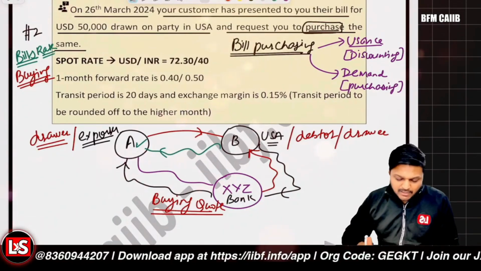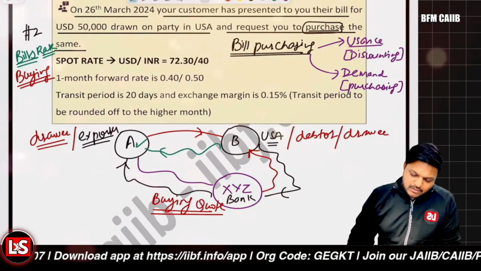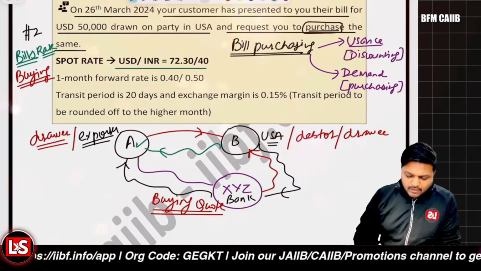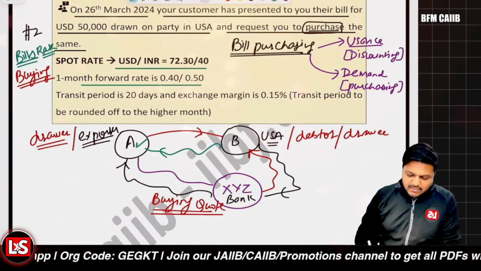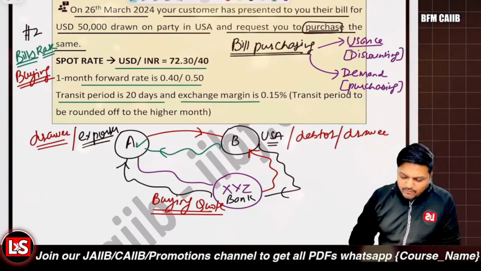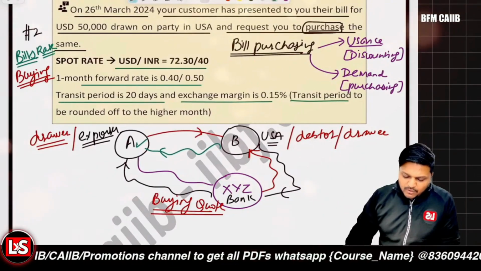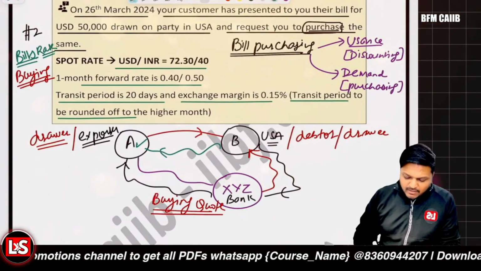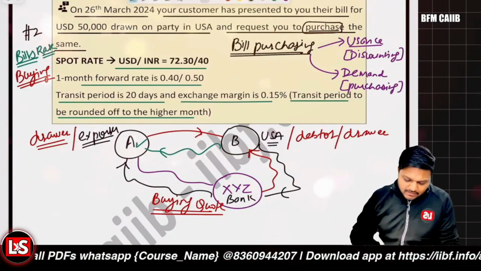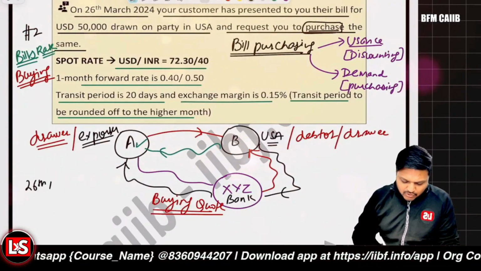Okay. So in this scenario, the question says that the spot rate is given, and further that the 1 month forward rate is given, and the transit period is 20 days, and the exchange margin is 0.15%, and the transit period is to be rounded off to the higher month. The transaction took place on 26th of March.